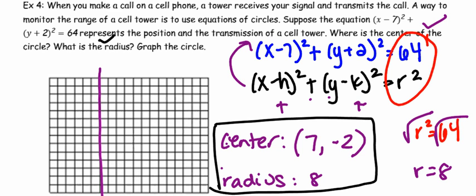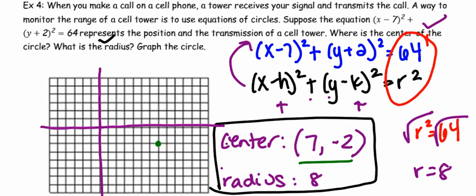It might go off the graph a little bit. We'll see. Okay, so there's my x and y axis. Now I'm going to plot this point, (7, −2). So 1, 2, 3, 1, 2, 3, 4, 5, 6, 7, and then down 2. So there's the center of my circle.